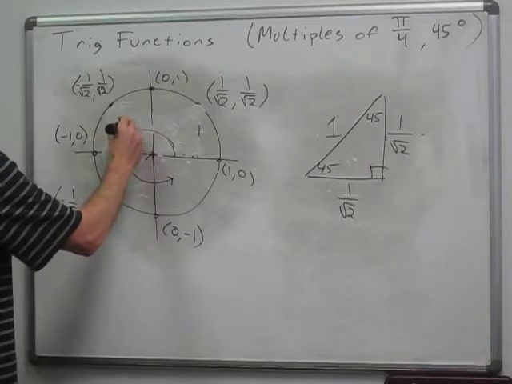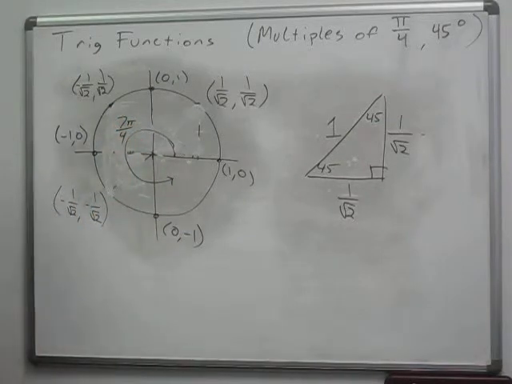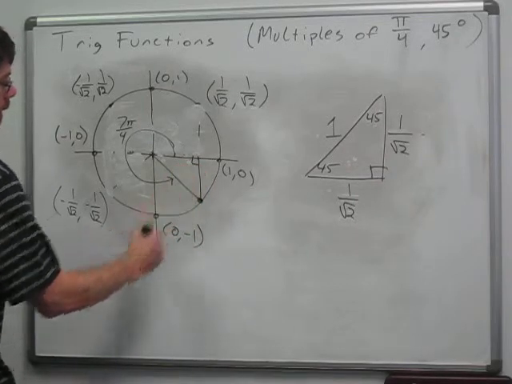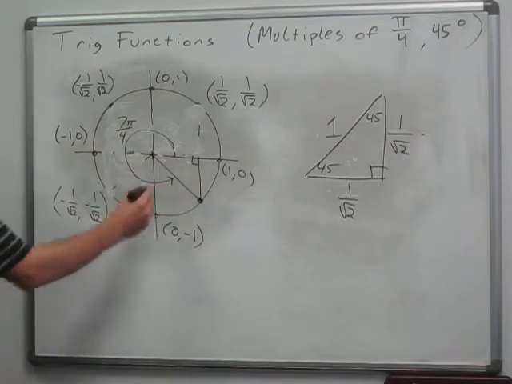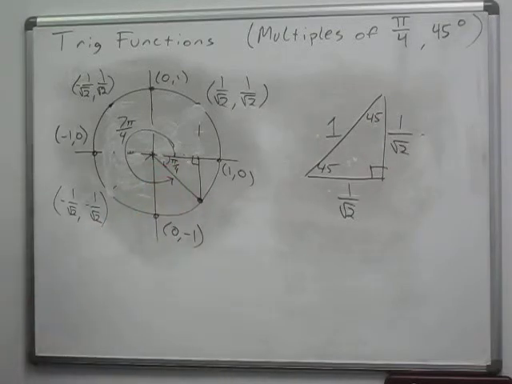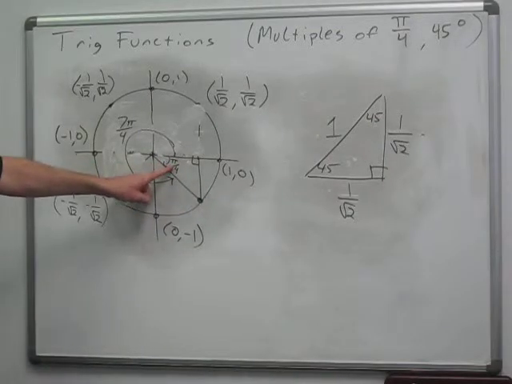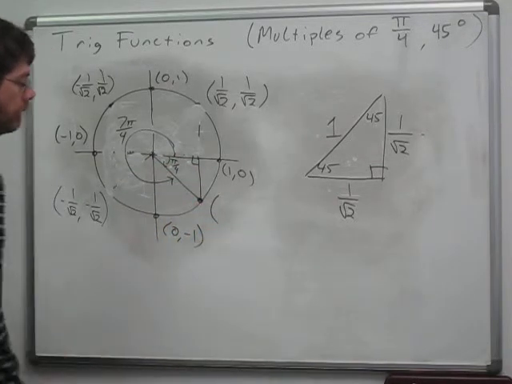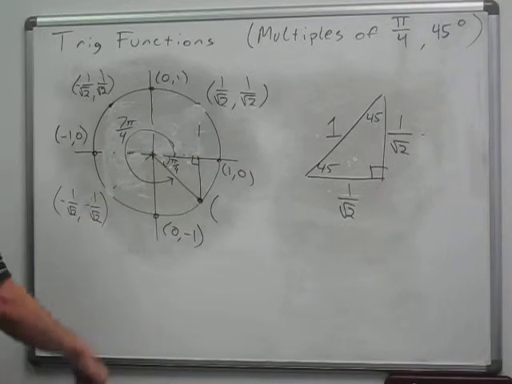Okay. One more to go. A rotation of 7 pi over 4. Here's my reference triangle. Here's my reference angle, pi over 4. So the x-coordinate is in the positive direction.